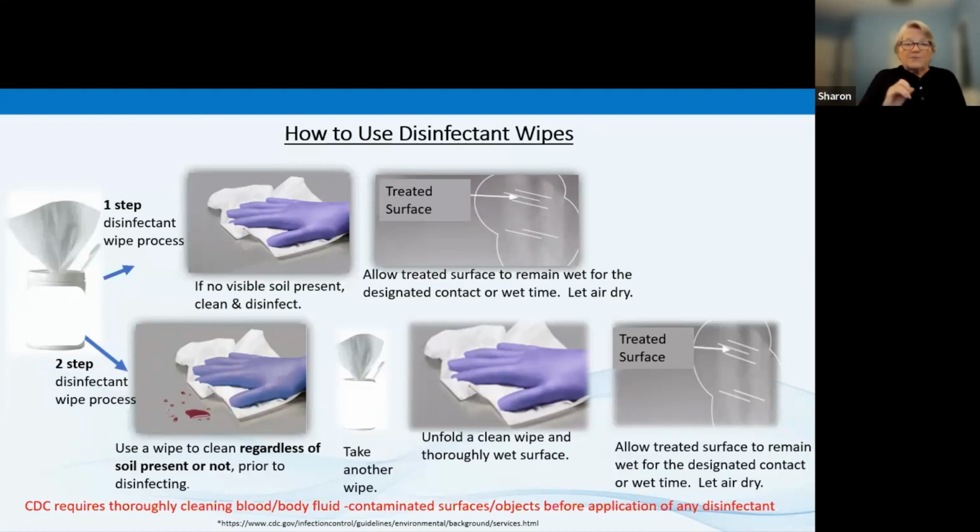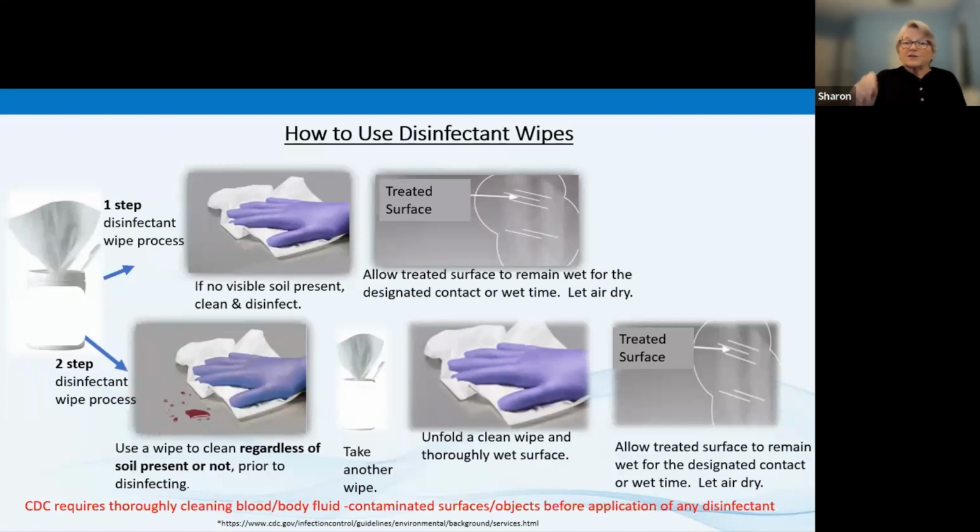Now, two-step disinfectant wipes require a clean and then a disinfectant. So if you have a two-step wipe, you'll take a wipe and you will clean whether you see anything there or not. You will throw that wipe away. You will take another wipe. Then you will unfold that wipe and thoroughly wet the surface with that disinfectant.